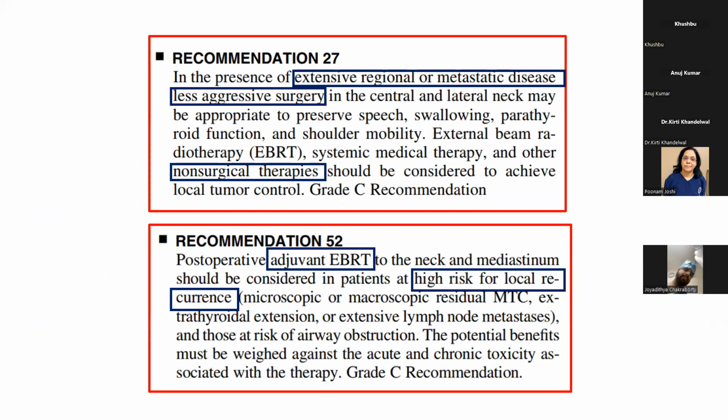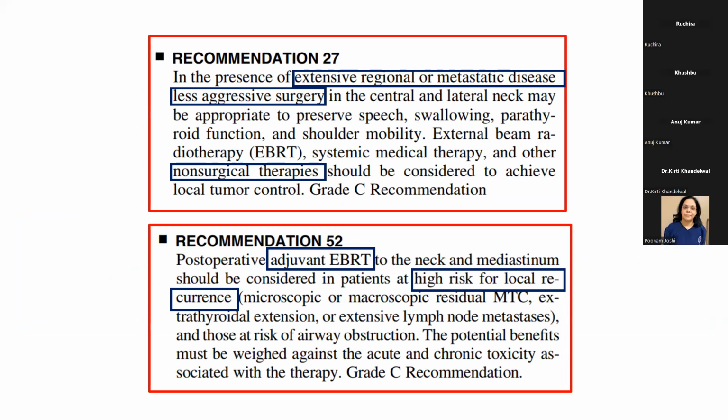Here we can see that in the presence of extensive regional or metastatic disease that is not completely resectable, because these are aggressive tumors, a less aggressive surgery can be done, especially to preserve speech, swallowing, parathyroid function, shoulder mobility, etc. But mostly when there are resectable tumors, we do complete resection followed by adjuvant treatment based on indications.